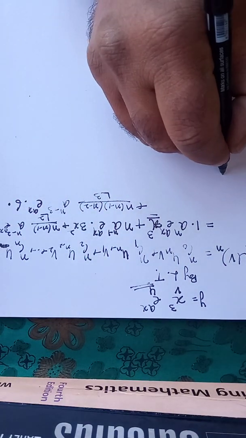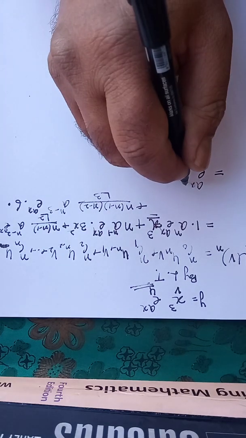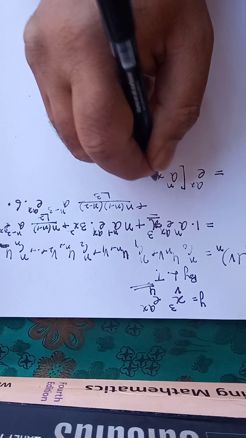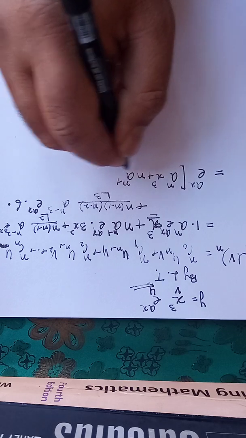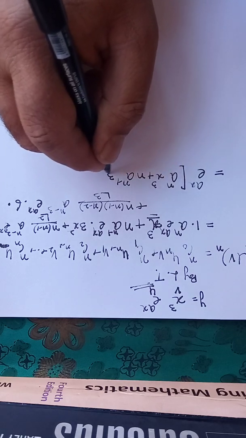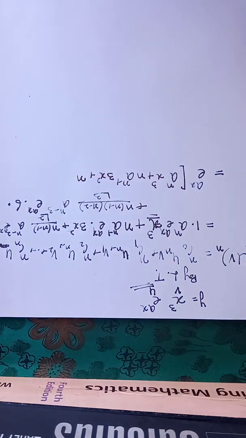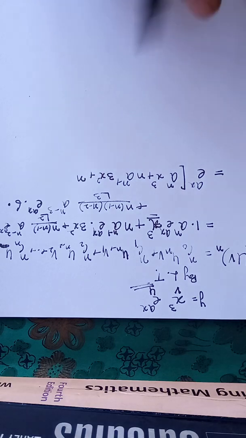So the solution is e to the power ax, and the rest you can take as it is: a raised to power n x cube, and a raised to power n minus 1, in fact 3x square, n into, what is n? Your n is 3.